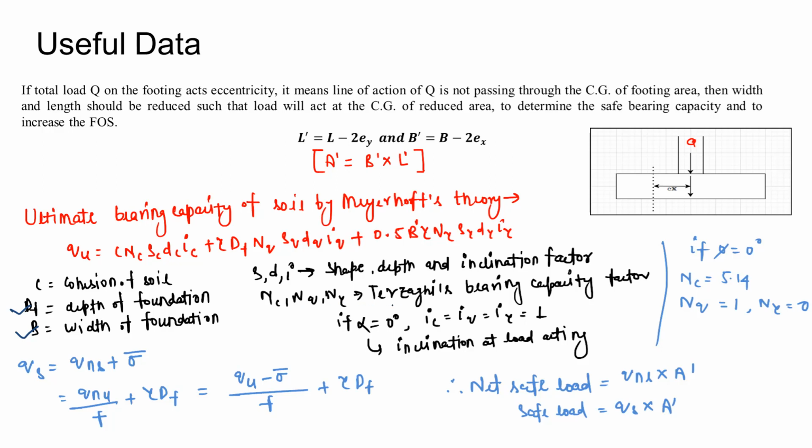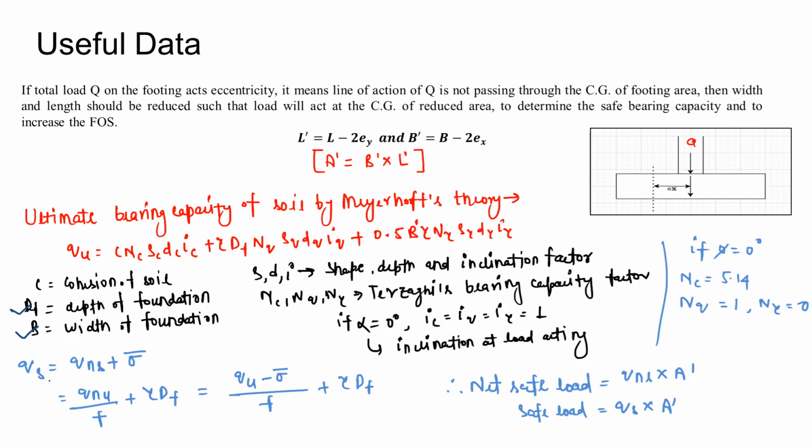Nc, Nq and N gamma are Terzaghi's bearing capacity factors. If in the question the inclination of load alpha is given as 0, then the inclination factors will be 1, and if phi is 0, then Nc will be automatically 5.14, Nq will be 1 and N gamma will be 0.